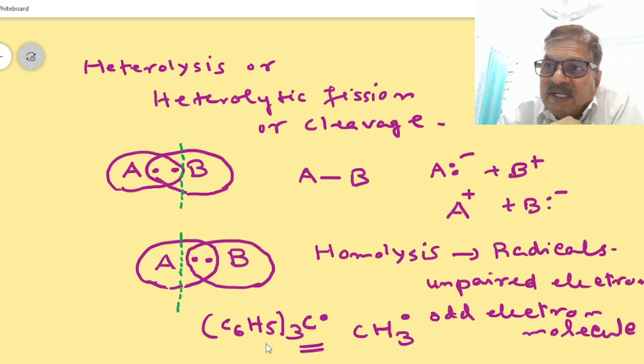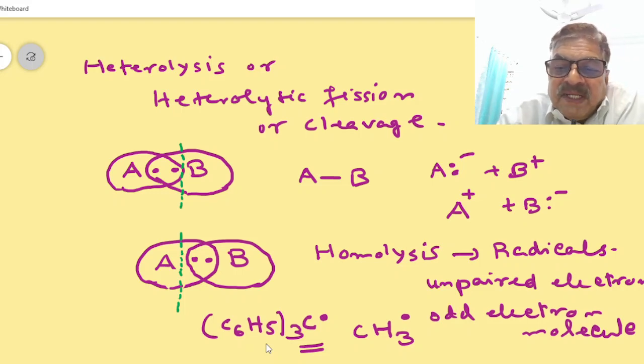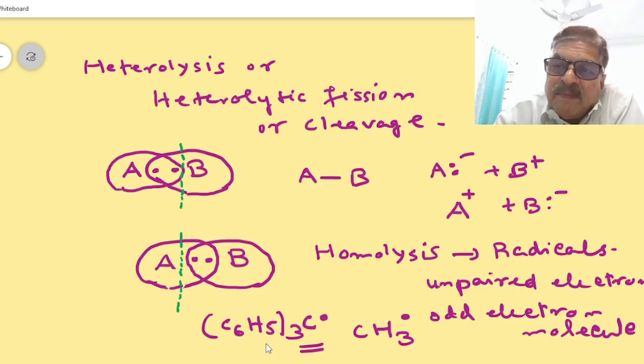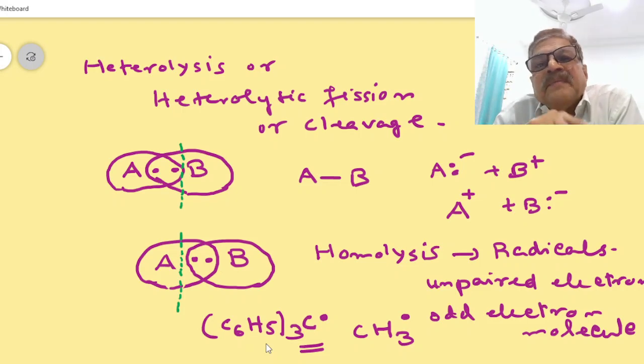So the majority of these free radicals are electrically neutral species. There only one electron is there. There is no charge. However, they are paramagnetic here. They possess certain magnetic properties. A small permanent magnetic moment is there because of the presence of the unpaired electrons.